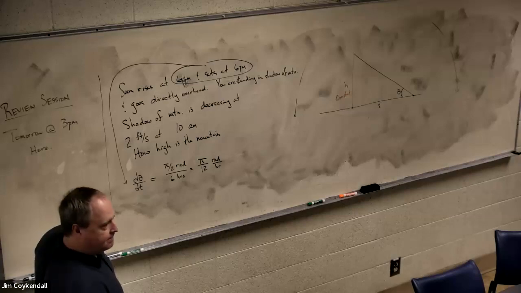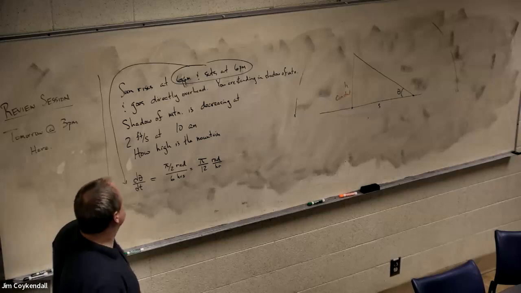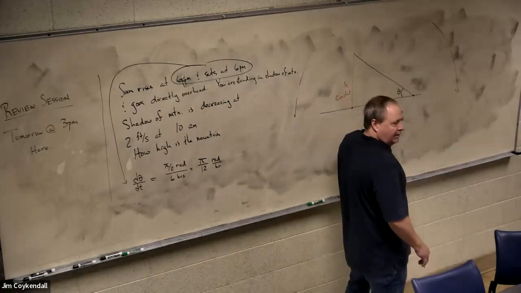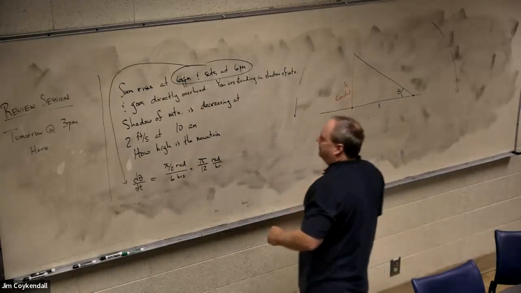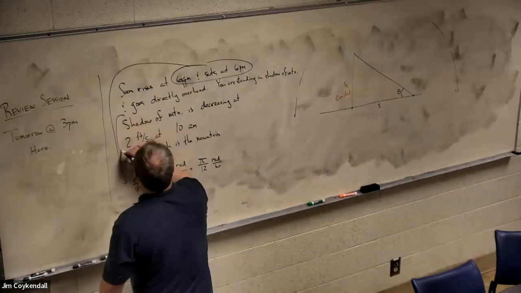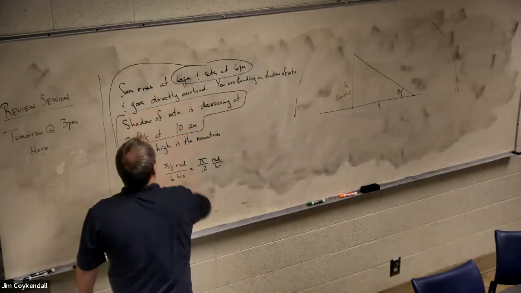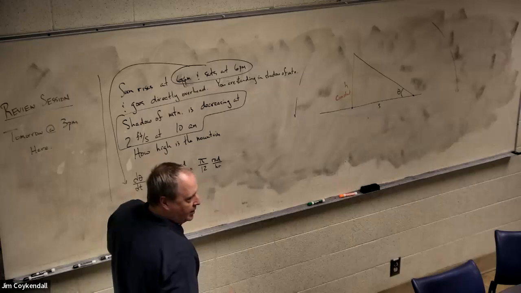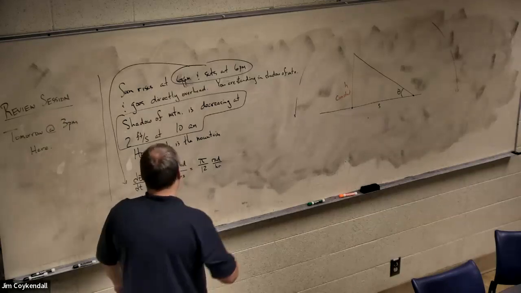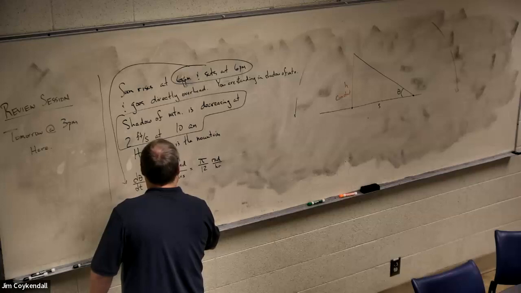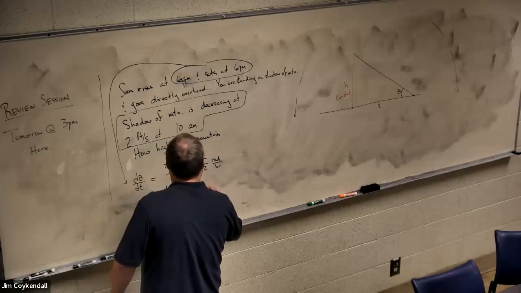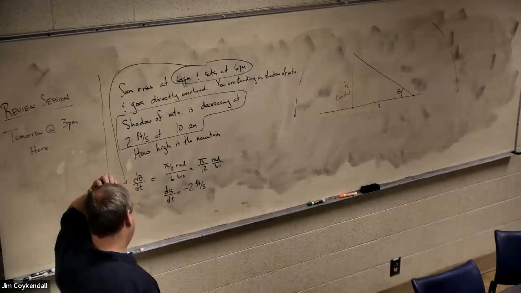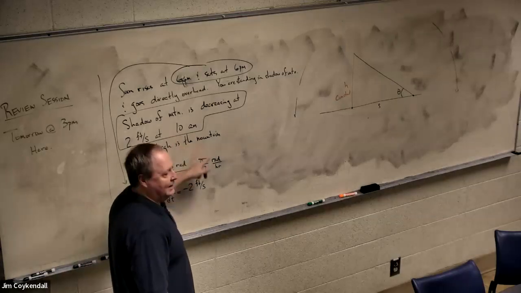Now, my S, I don't seem to know much about it. I don't know how far I am from the mountain, but I do know this right here: the shadow of the mountain is decreasing at 2 feet per second. Just interpret that part.